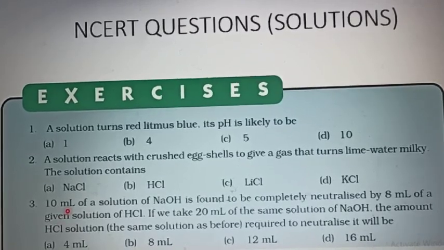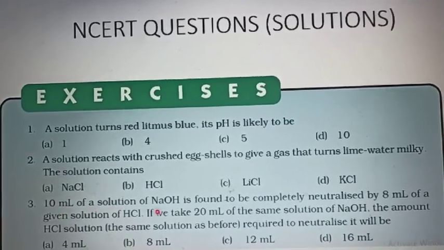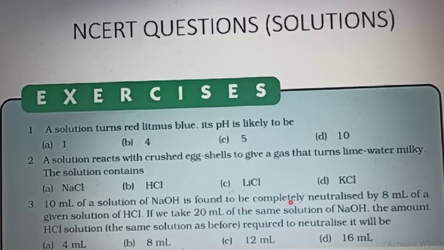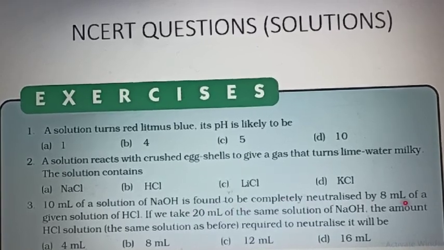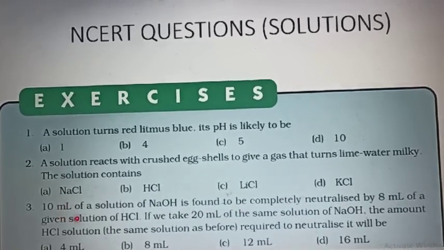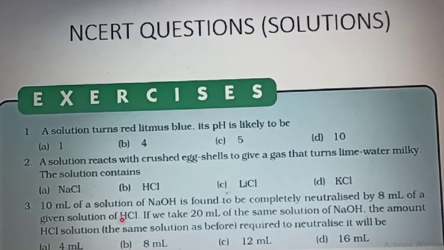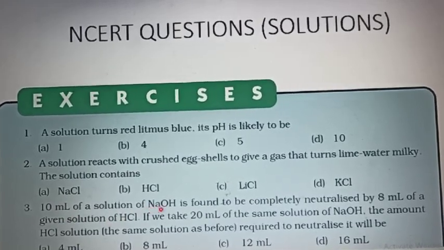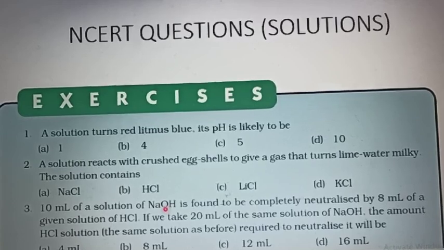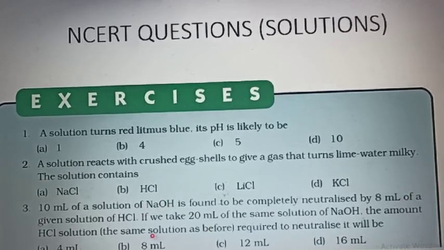Next is, 10 milliliter of a solution of NaOH is found to be completely neutralized by 8 ml of a given solution of HCl. 10 ml of NaOH is neutralizing 8 ml of HCl.